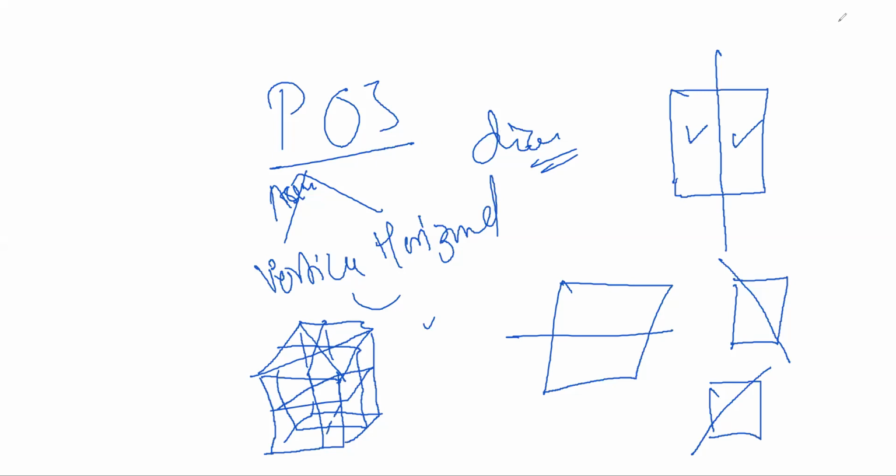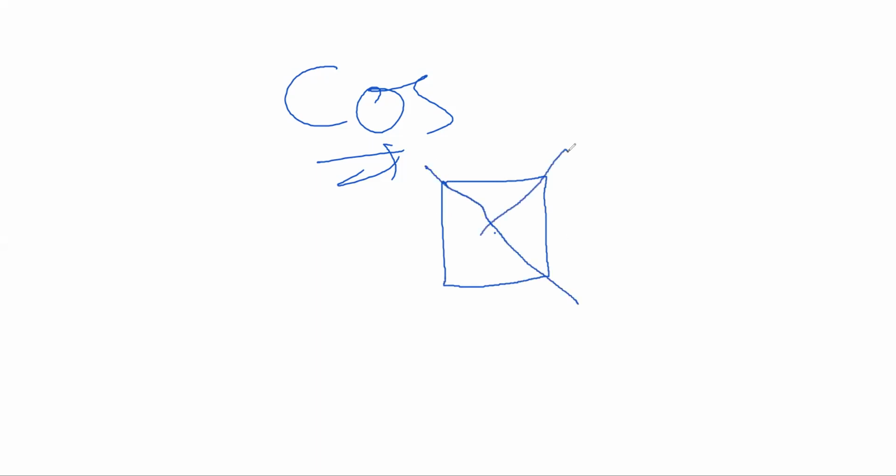Now coming to the center of symmetry, COS. All right, so we will be looking at the center of symmetry. It means simply, there is a place in the crystal through which all the symmetrical planes are passing.